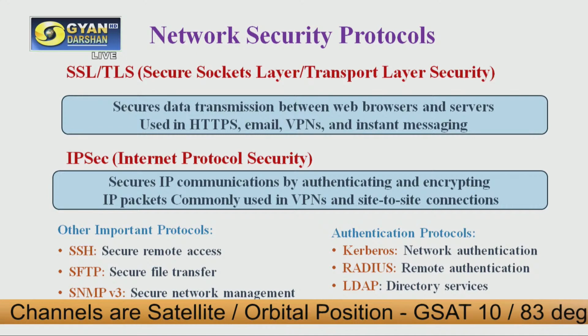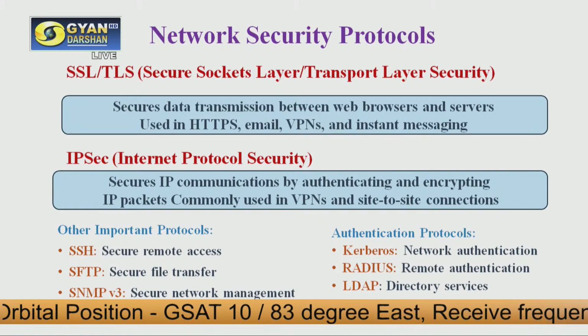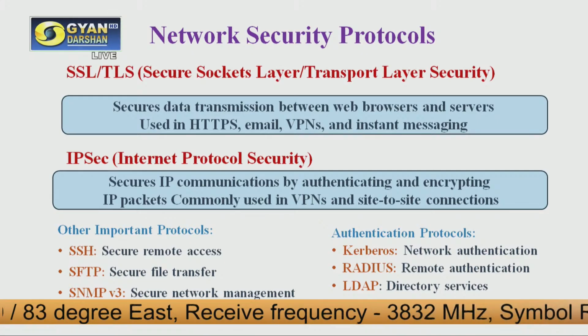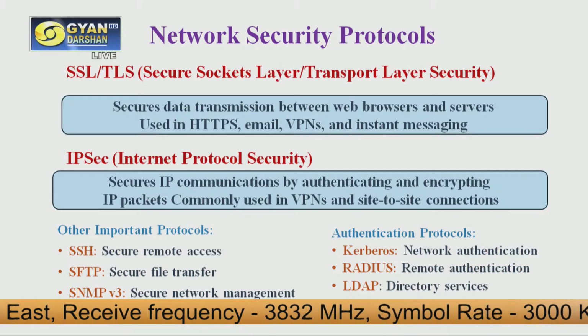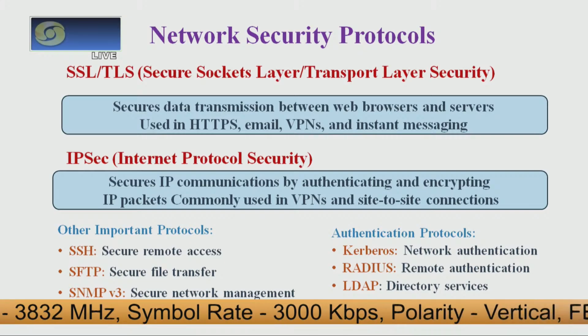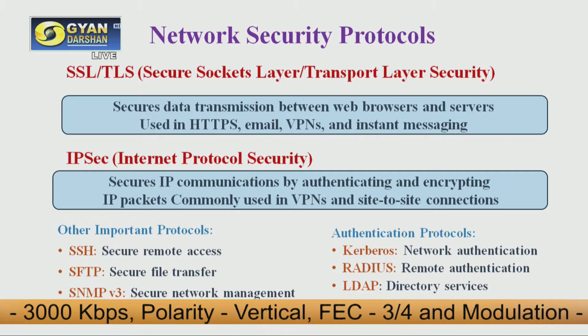First of all, we will discuss the network security protocols. SSL and TLS work at layer 4 and layer 6 of the OSI model. OSI, Open System Interconnection, has 7 layers: physical layer, data link layer, network layer, transport layer, session layer, presentation layer, and application layer.